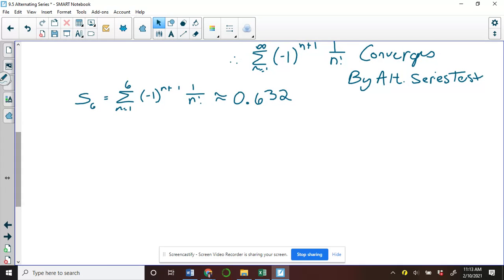Our error is equal to a sub 7, the 7th term. So that's 1 over 7 factorial, which is approximately 0.0002.